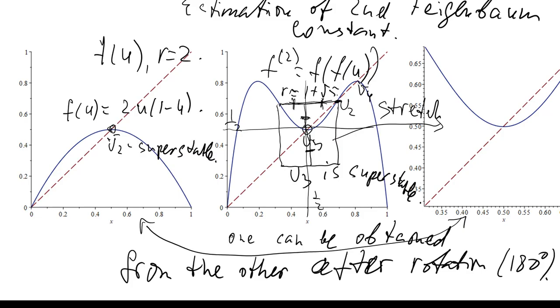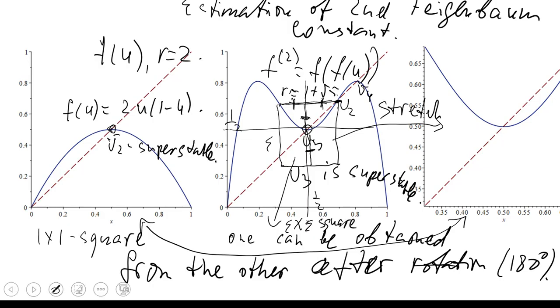That's exactly the middle of this square, which is a 1 by 1 square, and also this square, which is much smaller. Let's say if this we call epsilon, it will be an epsilon by epsilon square. Good.